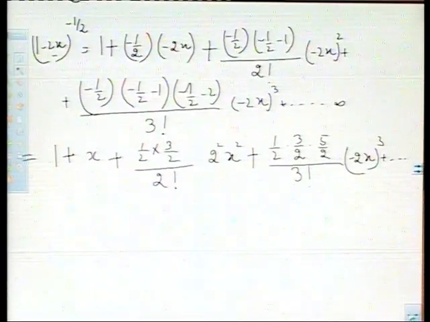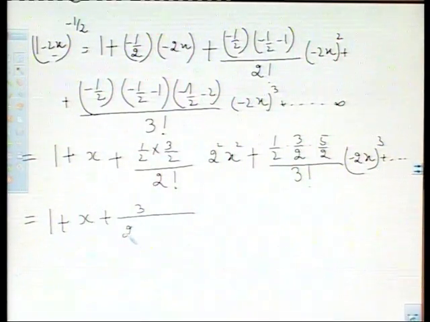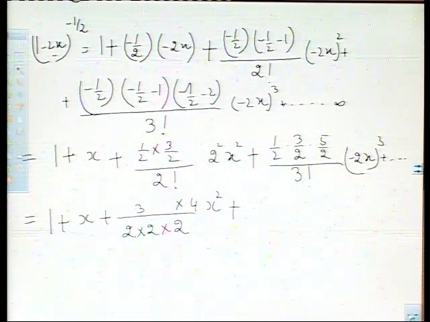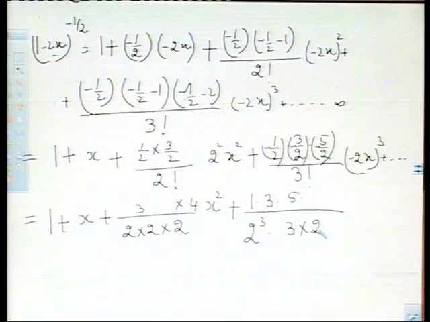Now 1 plus x plus 3 upon 2, 2 and 2, and this is 4, x square plus, minus minus minus, 1 3 5 upon 2 2 2, 2 raised to power cube, 3 factorial means 3 into 2, and 2 cube and x cube.